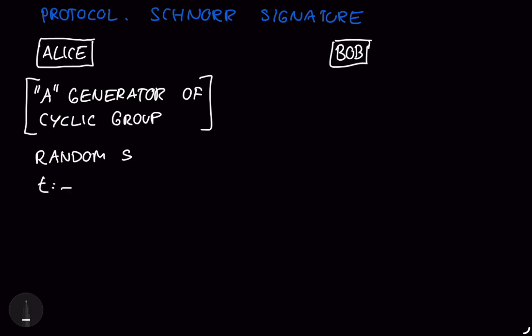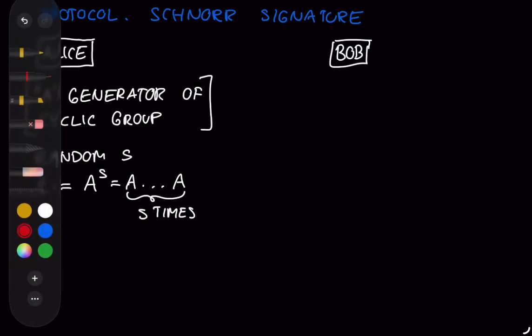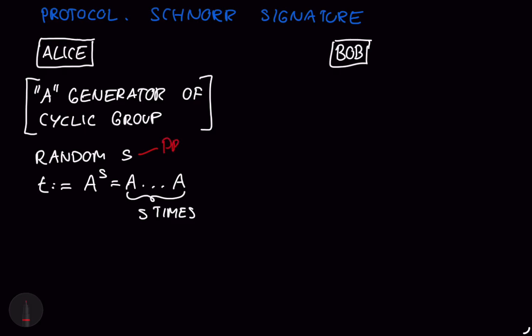So we get T is A to the power of S, meaning we multiply A S times. And this is the key. You can say S is the private key, and this one, the T, is the public key.